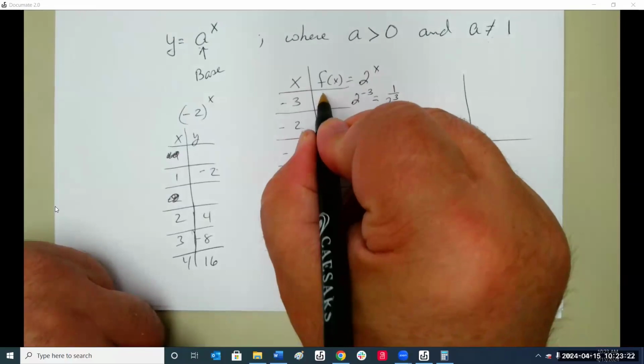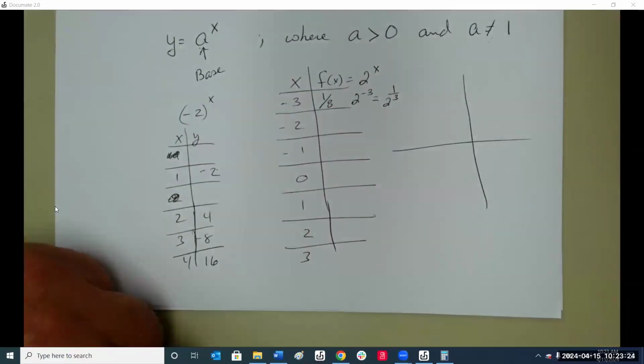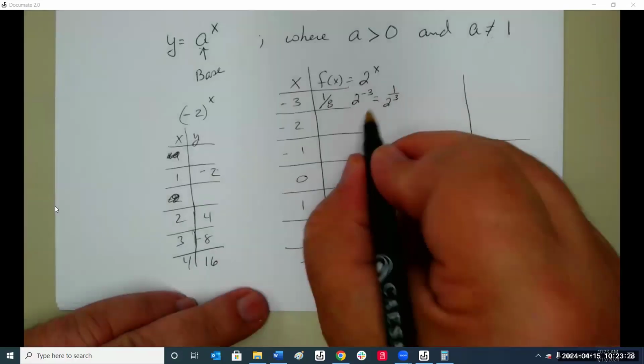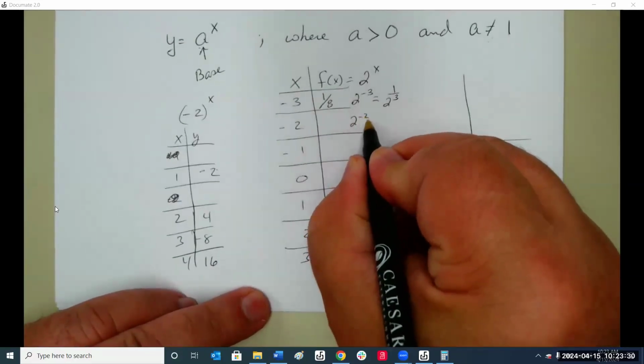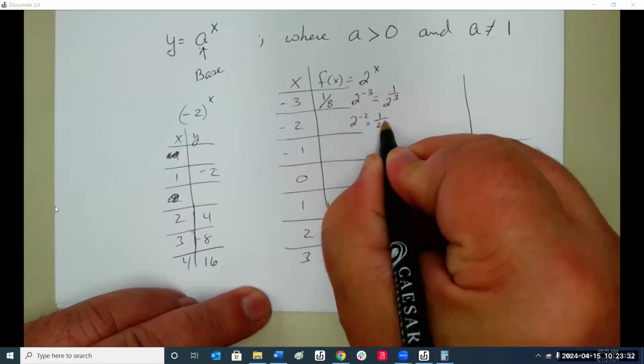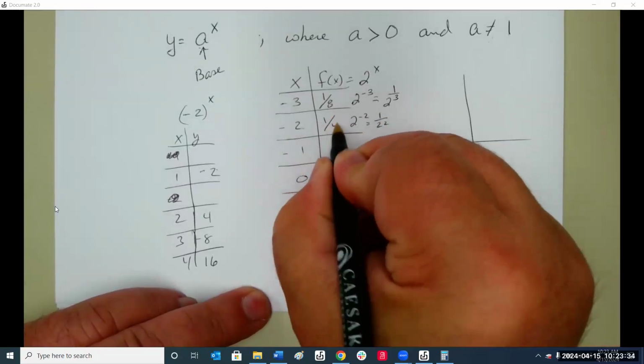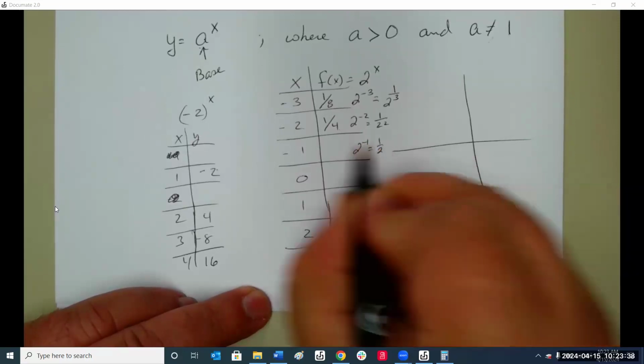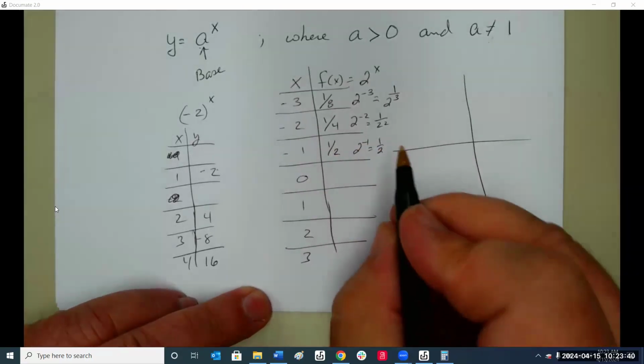So it becomes positive 1/8. If x is -2, that's 1/2 squared, which is 1/4. 2 to the power -1 is 1/2.